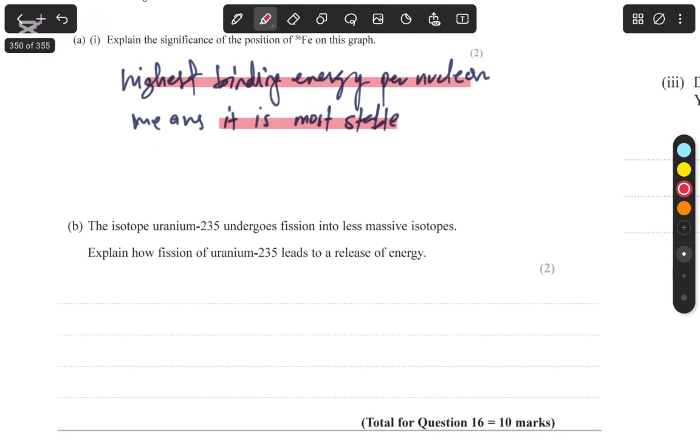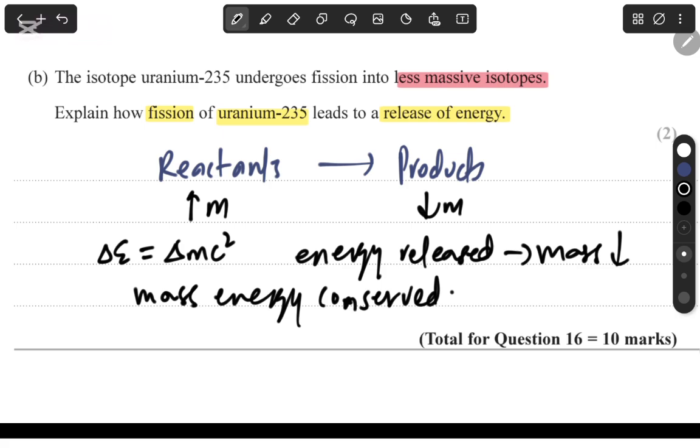Now, next part, B(c). The isotope uranium-235 undergoes fission into less, that's a key part, less massive isotopes. Now, it says explain how the fission of uranium-235 leads to release of energy. What I'm going to explain next is applicable for both nuclear fission and fusion. Remember, in both of these processes, fission and fusion, the reactants will always have more mass and the products will always have less mass.